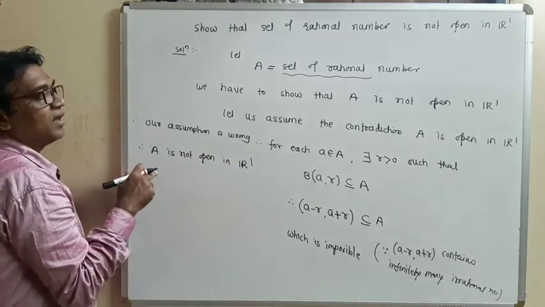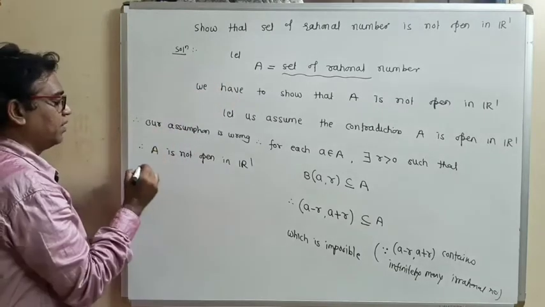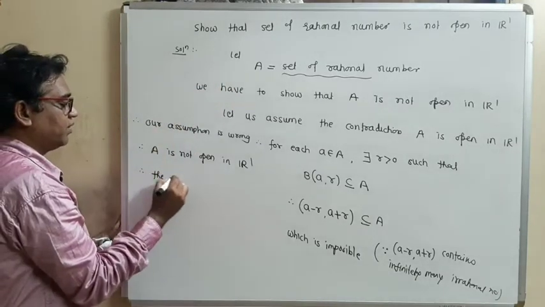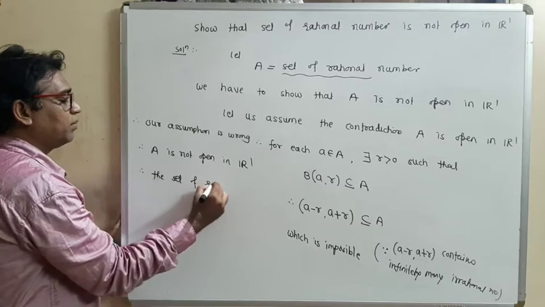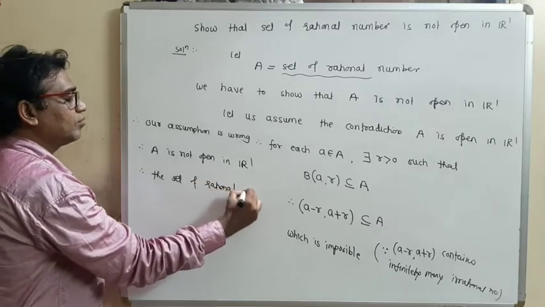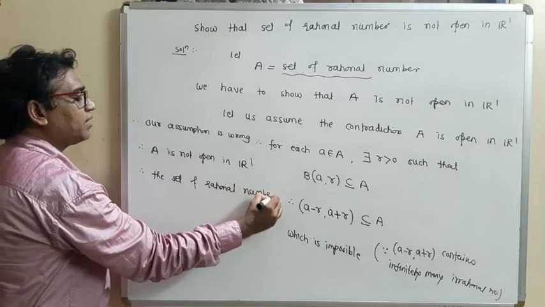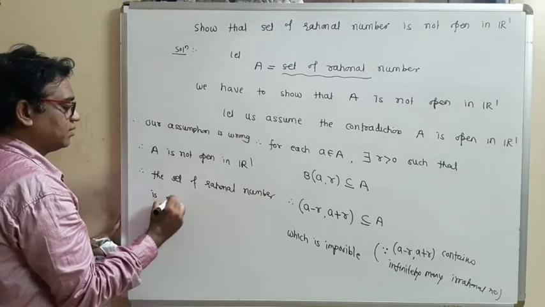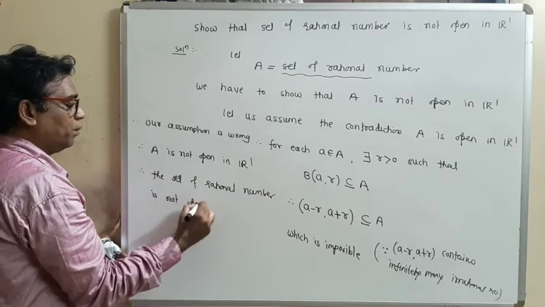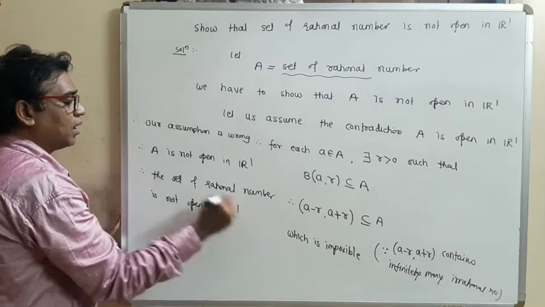And what is this A? It is nothing but the set of rational numbers. So the conclusion: therefore the set of rational numbers is not open in R1.